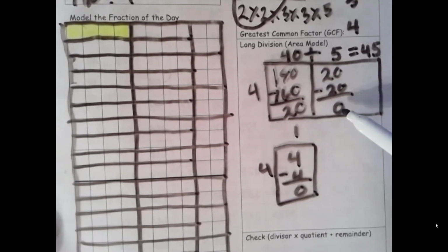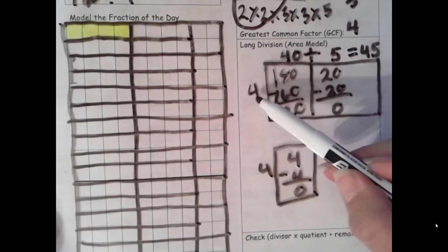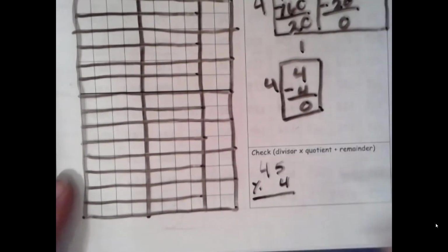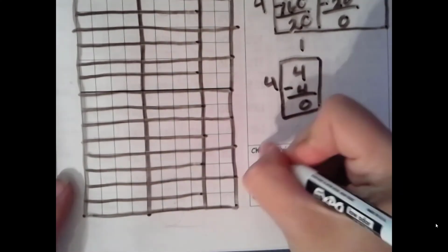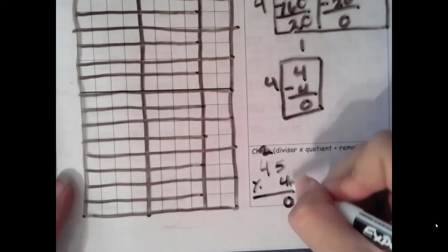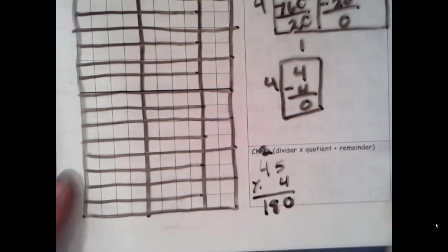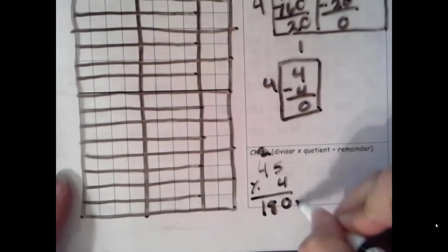Since my remainder is 0, though, the identity property of addition says it's going to stay the same if I add 0, so I don't even need to worry about that. So it's just my divisor of 4 times my quotient of 45. 4 times 5 is 20. 4 times 4 is 16, plus 2 is 18. That matches my dividend of 180, so check.